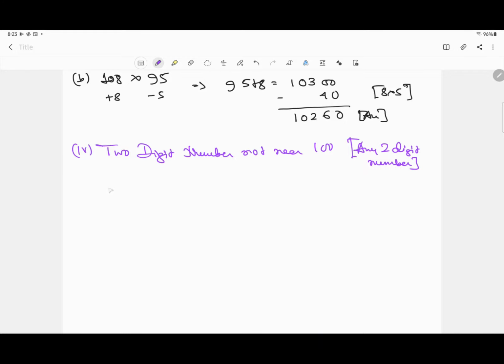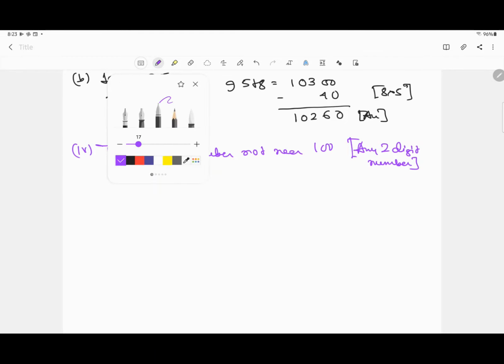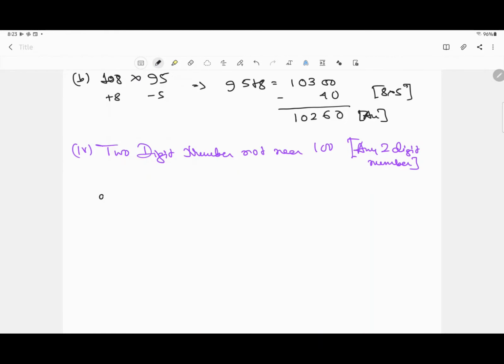First let us do 35 into 62. Okay, so how will we do it? 3, 5, 6, 2. First we will multiply in a vertical manner.